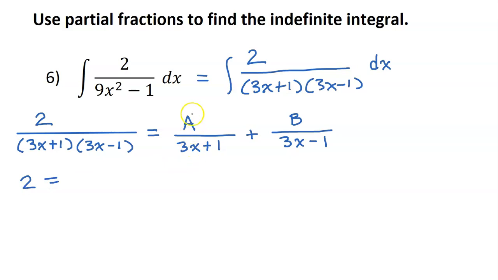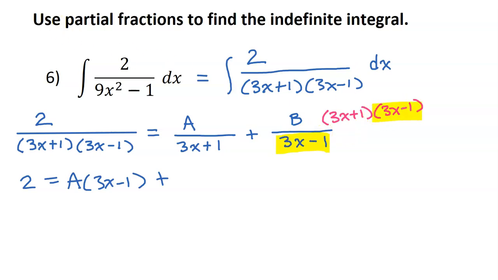If we multiply this middle term by 3x plus 1 times 3x minus 1, the 3x plus 1 cancels out, and we are left with A times 3x minus 1. When we multiply the second term by 3x plus 1 times 3x minus 1, the 3x minus 1's cancel out, and we are left with B times 3x plus 1.